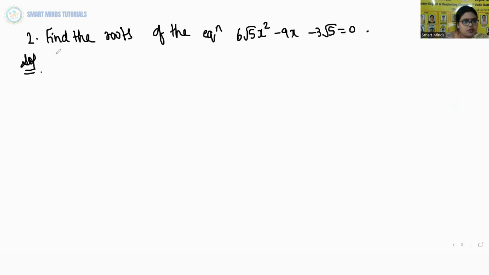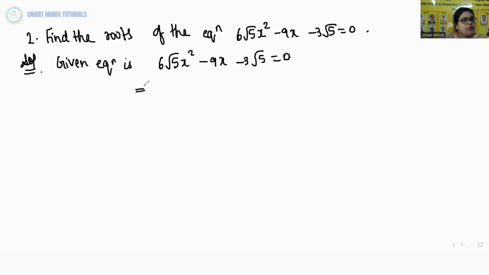Now take the next question. Find the roots of the equation 6 root 5 x square minus 9x minus 3 root 5 equals 0. So first we write the given equation. Given equation is 6 root 5 x square minus 9x minus 3 root 5 is equal to 0. From this equation we get the ABC values.